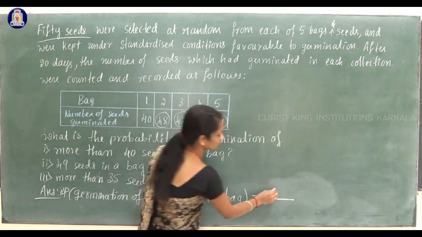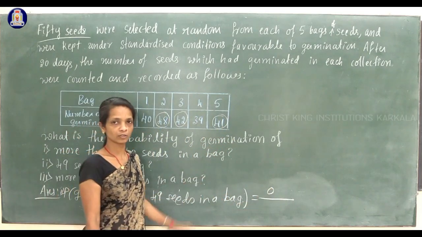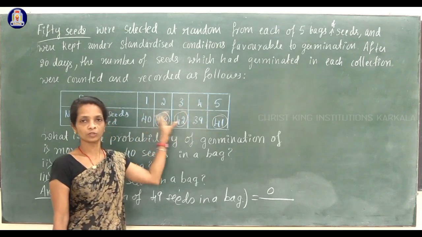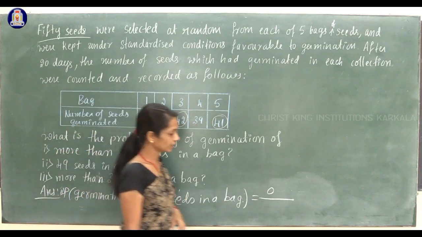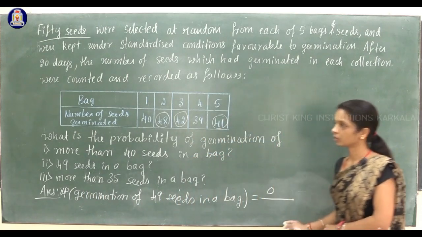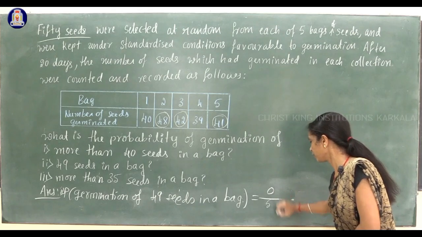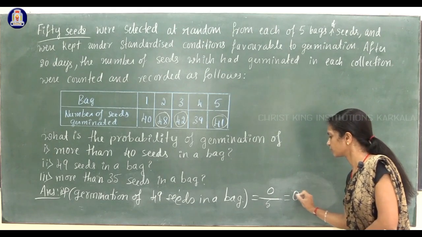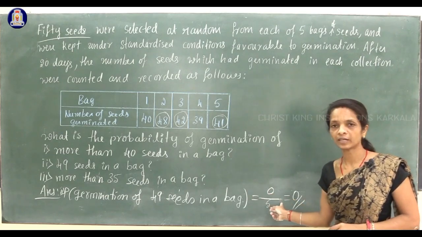So the number of bags which contain 49 germinated seeds is 0, because here you can't see the number 49, dividing by the total number of bags, that is 5, and 0 by any non-zero number is always 0. So here the probability of the second event you will get is 0.